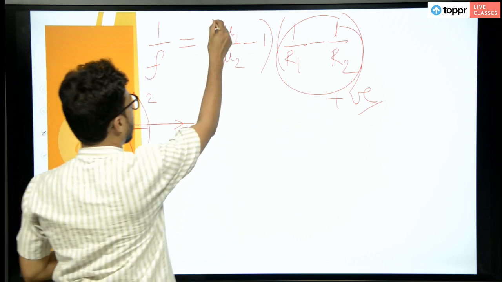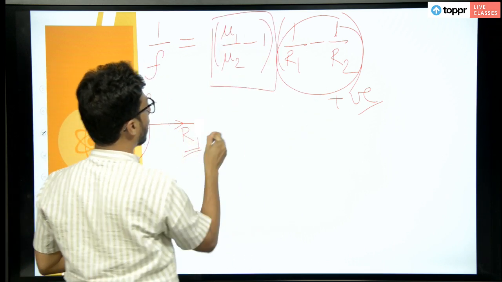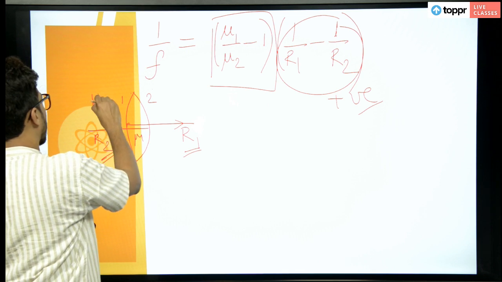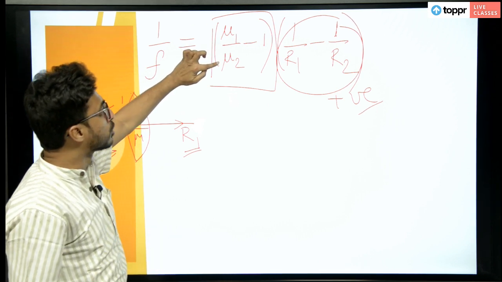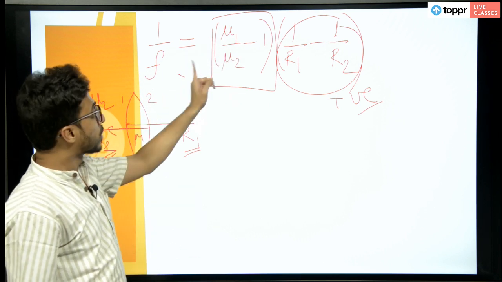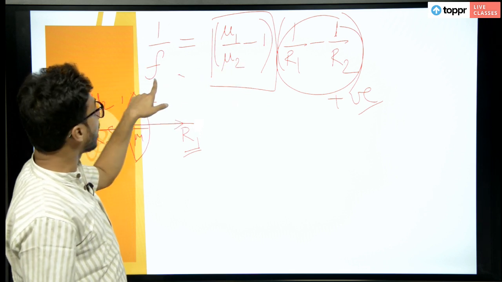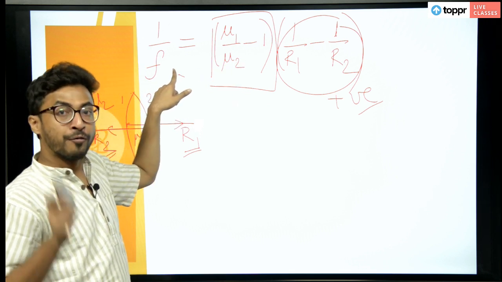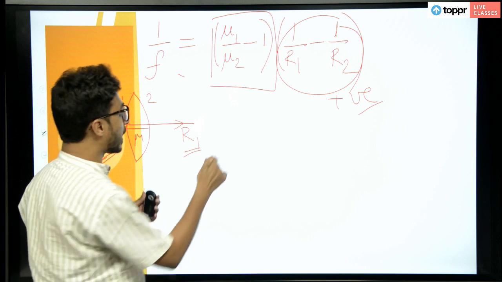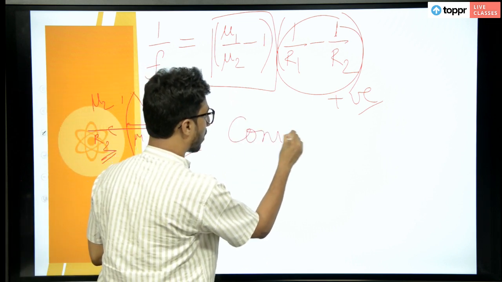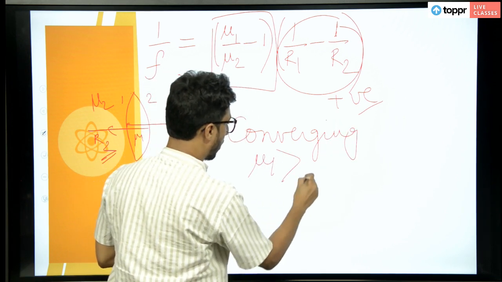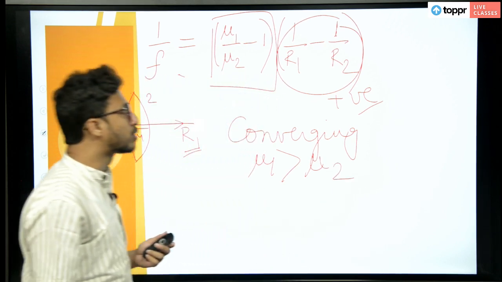Now see, if we analyze this, if mu1 is greater than mu2, then this portion is more than 1, so this is positive. If it is positive, it means the focal length is positive. Focal length positive means it's a convex lens, a converging lens. So, it will be a converging lens when mu1 is greater than mu2.